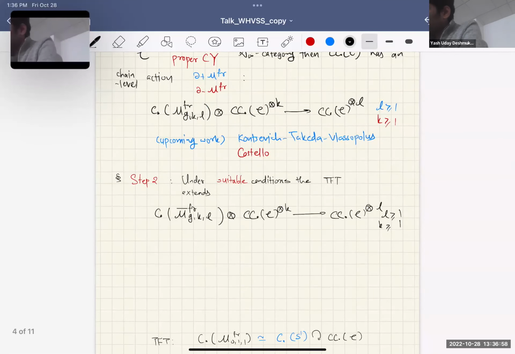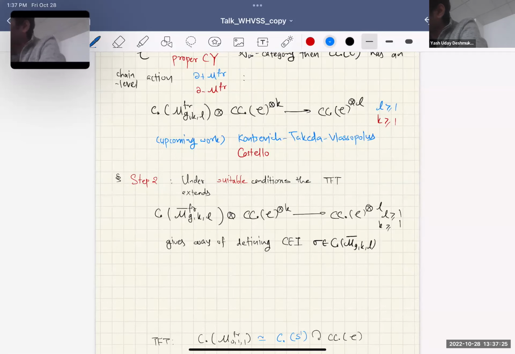And once we have such an action, this action gives us candidates for defining categorical enumerative invariants associated to chains inside the Deligne-Mumford compactification.